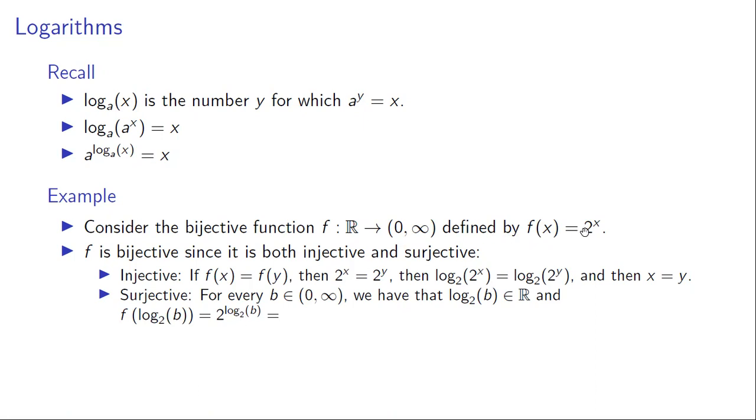Because f of x says 2 to the power of x. So f of log base 2 of b is 2 to the power of log base 2 of b, which is equal to b. So we showed that given any b in the codomain, there is a way to give an input to the function that produces b as the output. So therefore, the function is surjective.